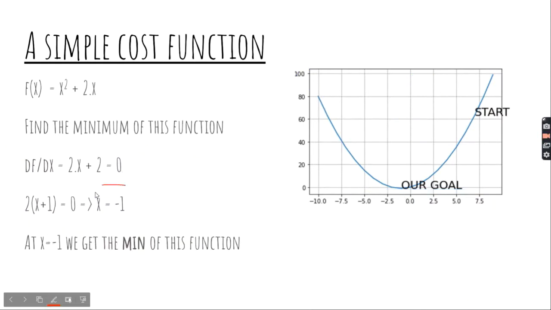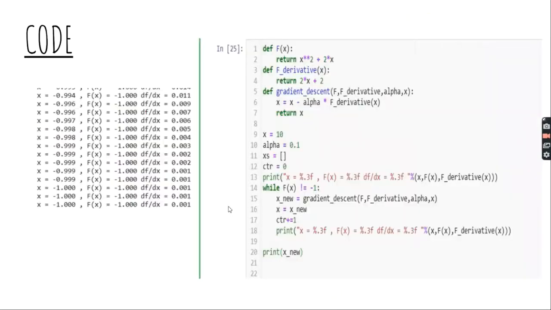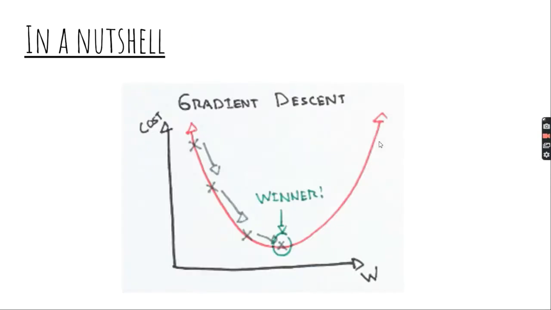Just because we change the procedure, this should not change. We should still get to -1, right? Yep. So you see, we have actually reached -1 around here. You can see that f of x also becomes -1, and the slope is almost 0. And this is your gradient descent. In a nutshell, we are using the slope to guide us towards the minimum.